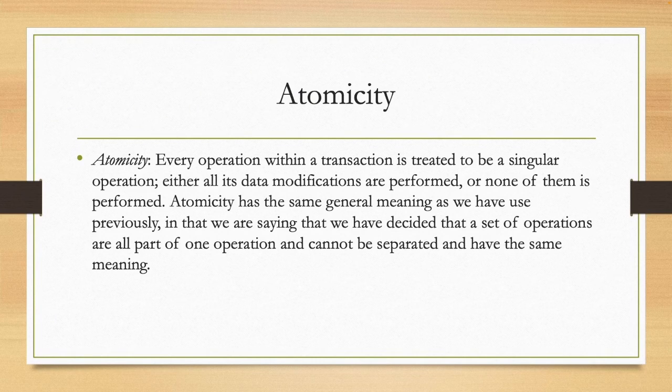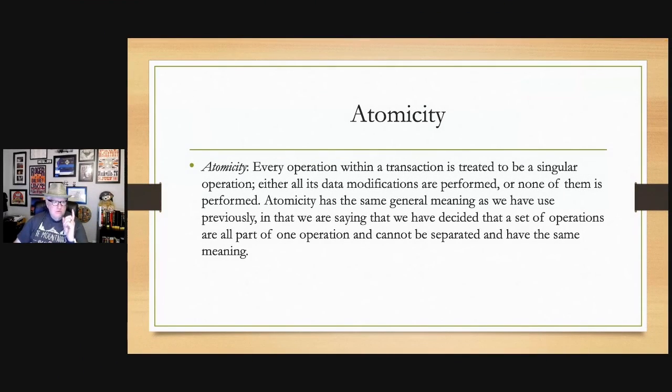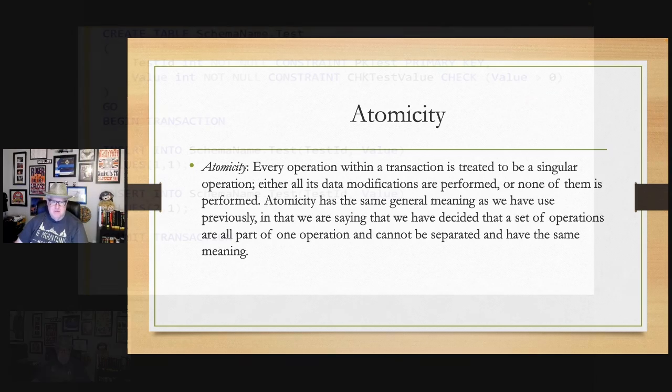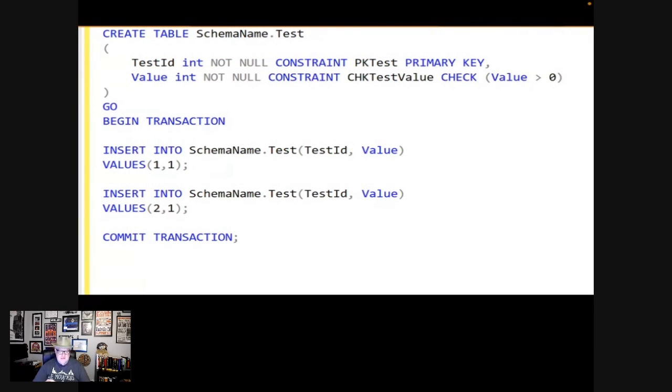So what I want to do here is bring up a screen and show you some statements, and we'll talk about what atomic operations are in this set of statements. When we look at a bunch of statements like this, you might think that this statement right here, this begin schema test, is one individual statement, and it is technically one individual statement in SQL.